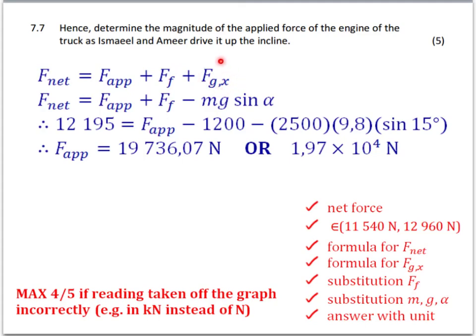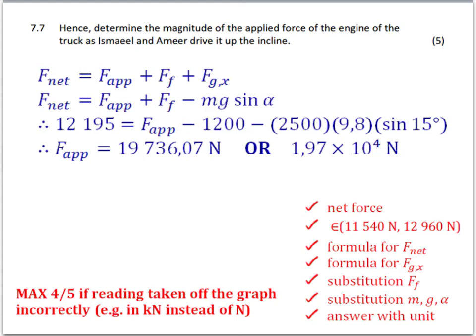The parallel component of gravity we need to split up and expand a little bit into mg sine alpha. Here alpha is the angle of incline given as 15 degrees. g is the acceleration due to gravity of 9.8, and 2,500 kilograms was the mass of the bucky. This negative sign here is because the gravitational component parallel to the slope is acting down the slope. This is negative here because your frictional force is also acting down the slope.